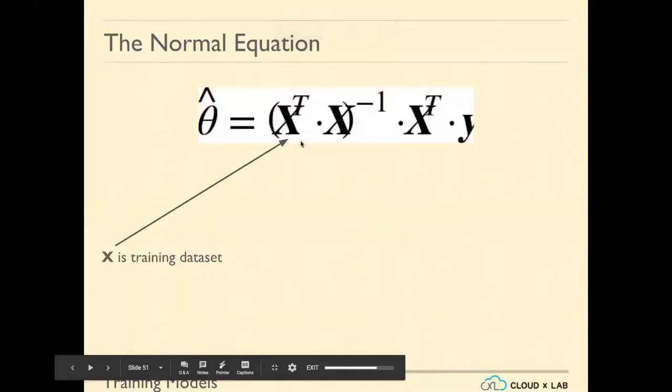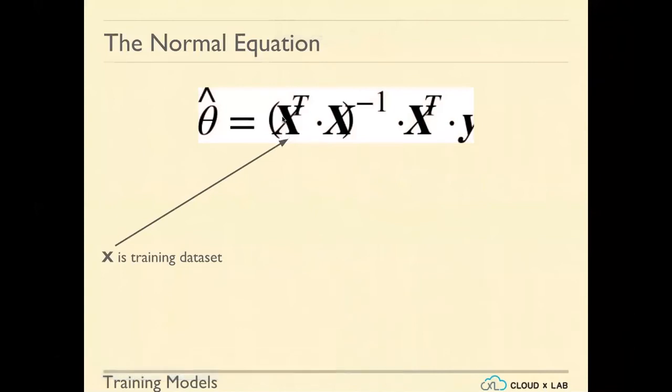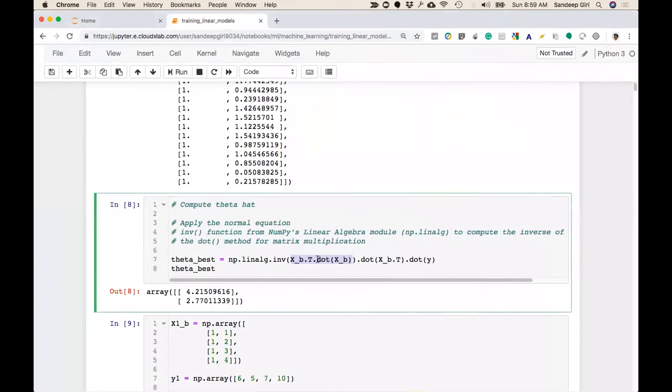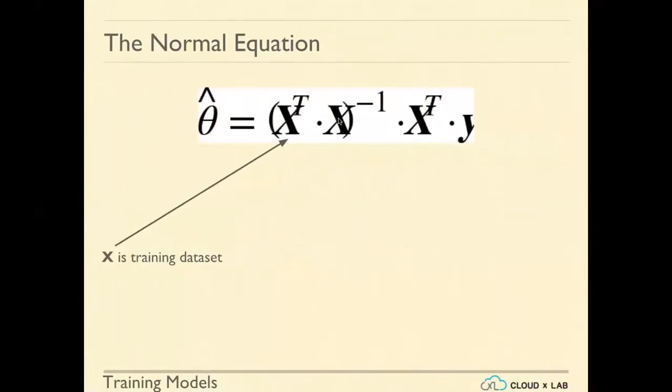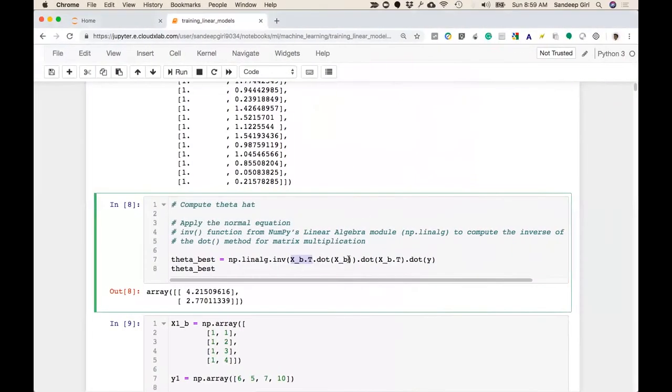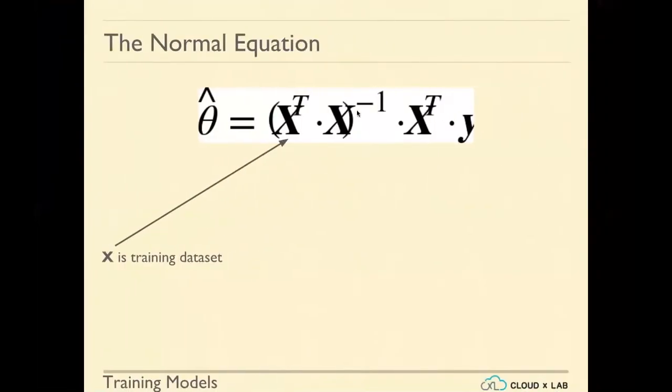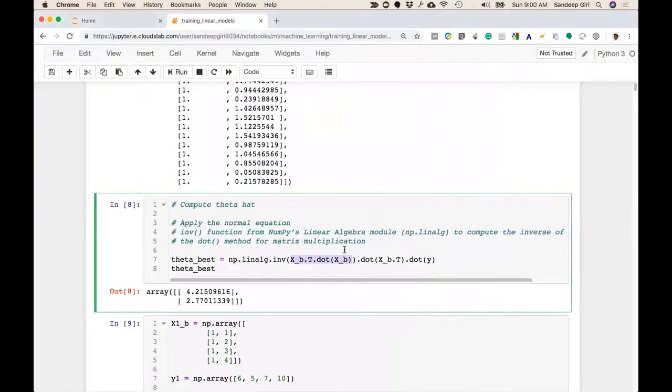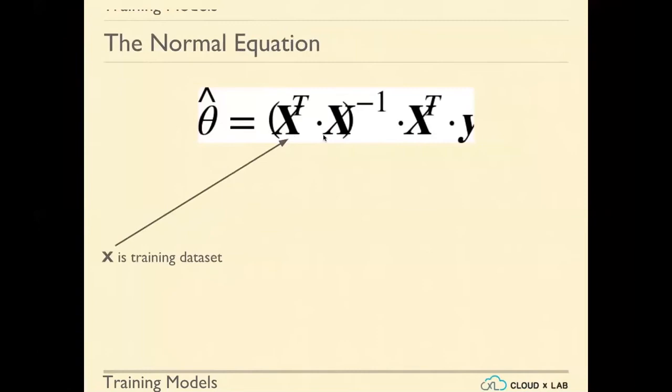First, we created X by adding one as an extra column, and then we did the transpose of it. Then we did the dot product with XB, correct? And afterwards, we applied the inverse on it. So this is where we are up to this point.